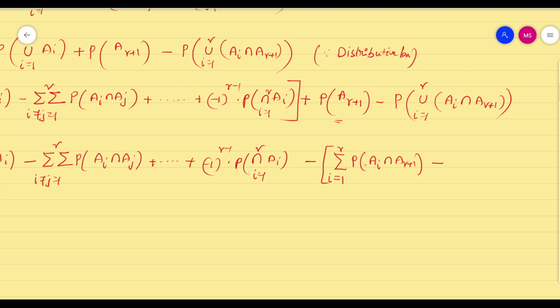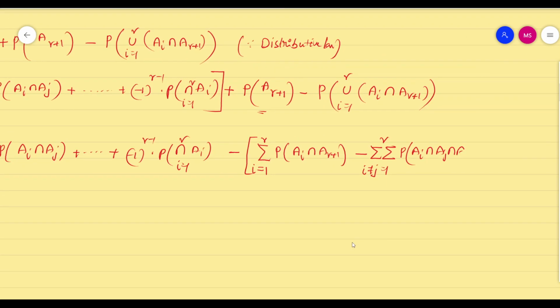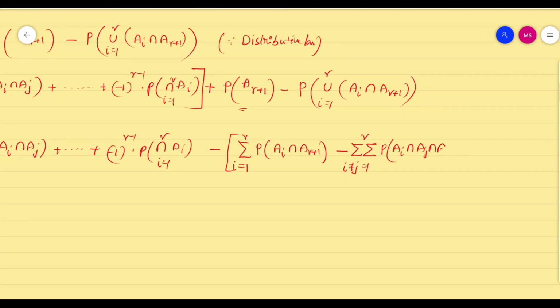Next, minus the double summation, i not equal to j, from 1 to r, of P of A_i intersection A_j intersection A_{r+1}.